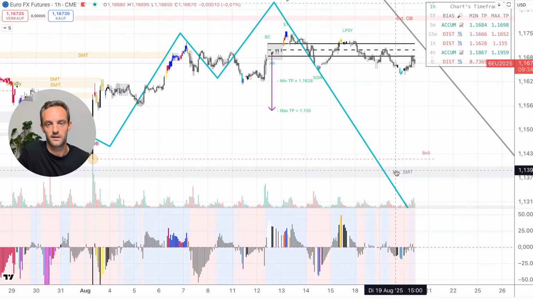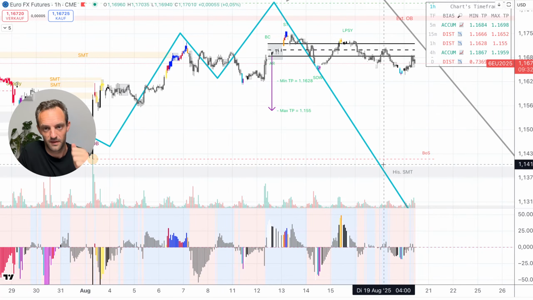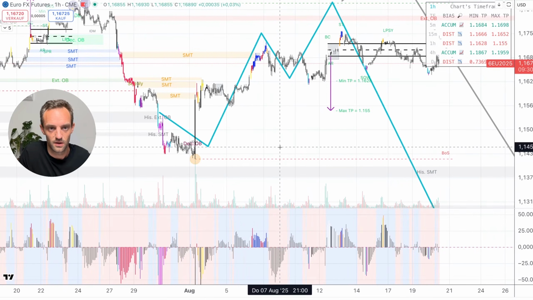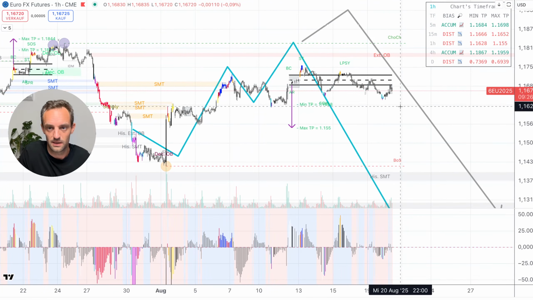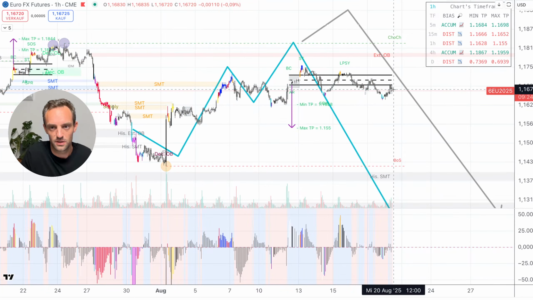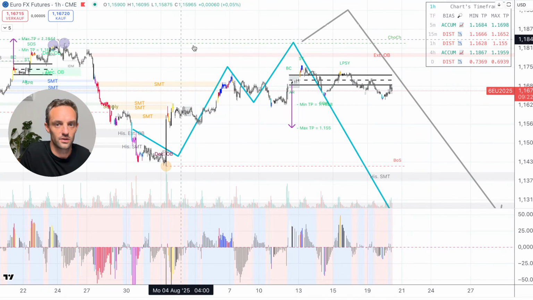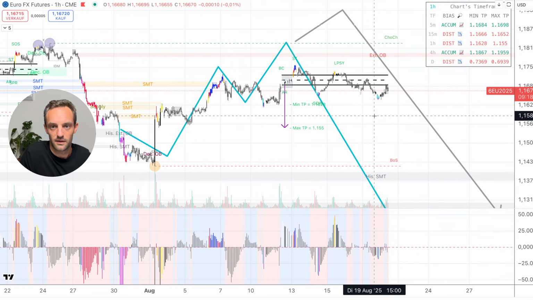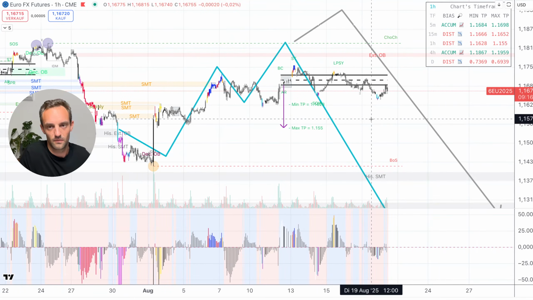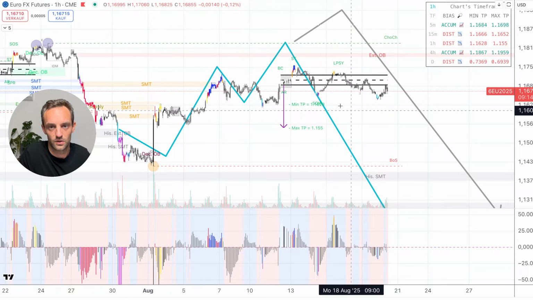Of course, nothing is set in stone. I don't know how to say it, but it looks like we will see a continuation to the downside in the euro. So everything is, from my point of view here, good to go.